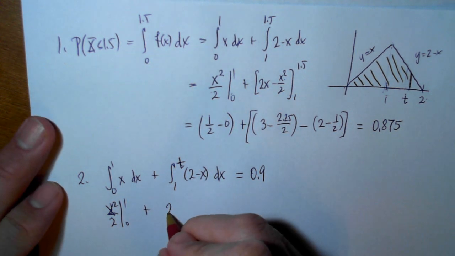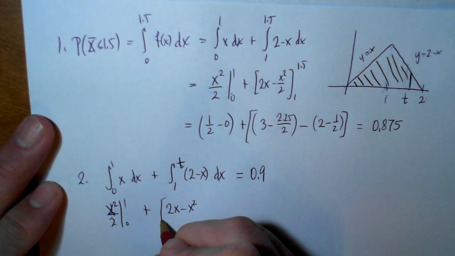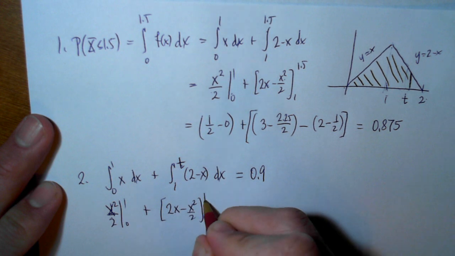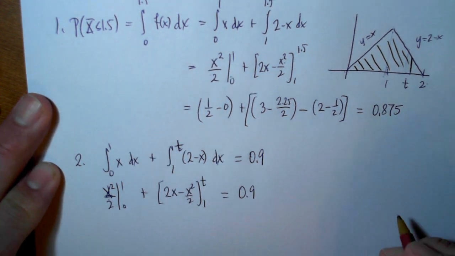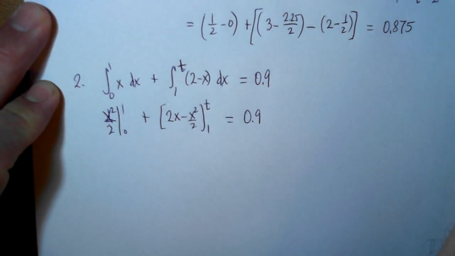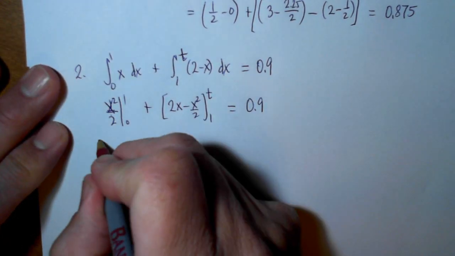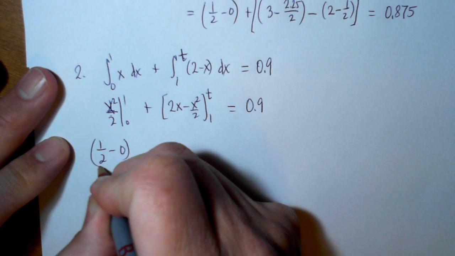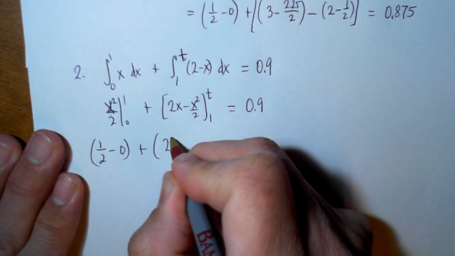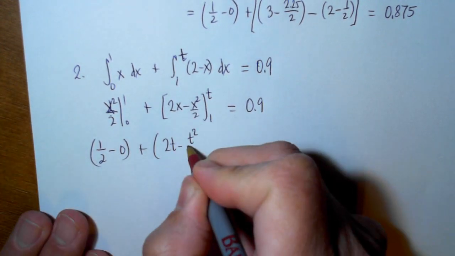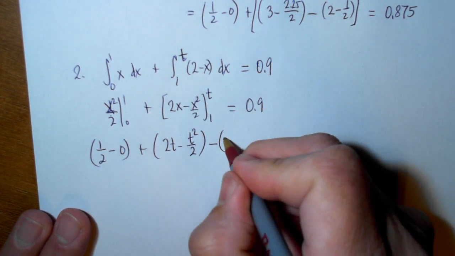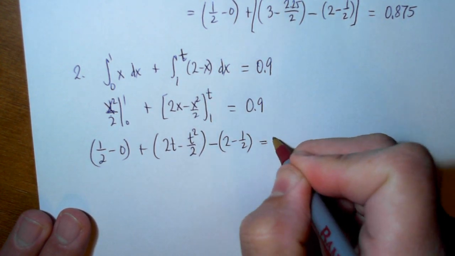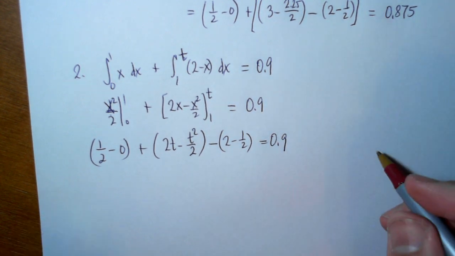Over here, once again, we have 2x minus x squared over 2, but this time evaluated from 1 to t, and I want this to be equal to 0.9. So we have 1/2 minus 0 plus 2t minus t squared over 2 minus 2 minus 1/2 is equal to 0.9.